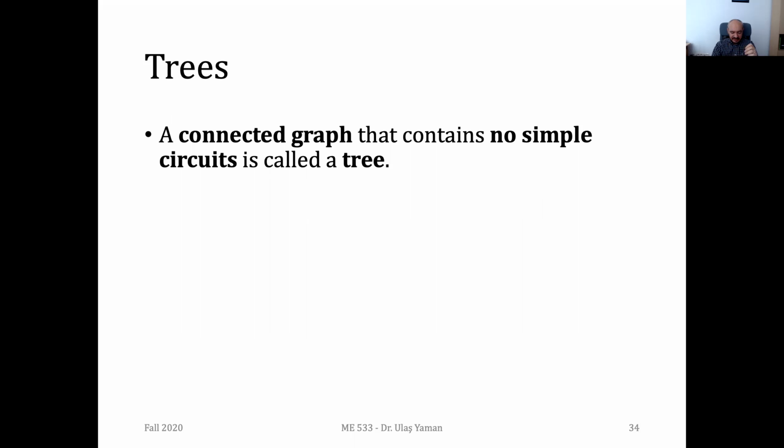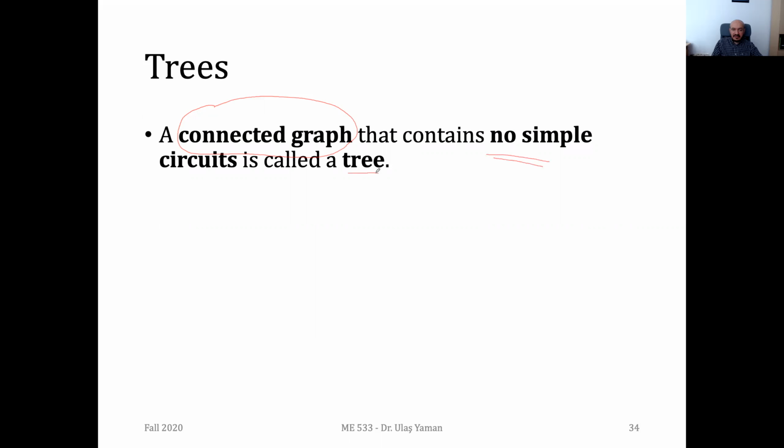So for the tree, we need to have, as you see, a kind of a connected graph. So we need to have a connected graph first, and then we will check whether this graph has circles in it or not. So that will be the main requirement.